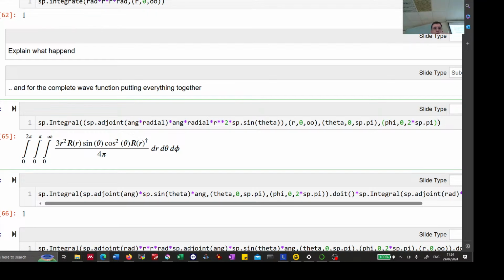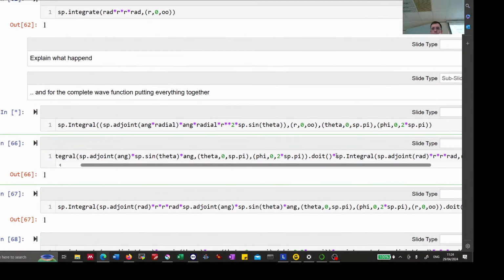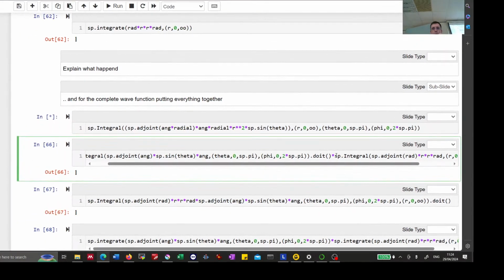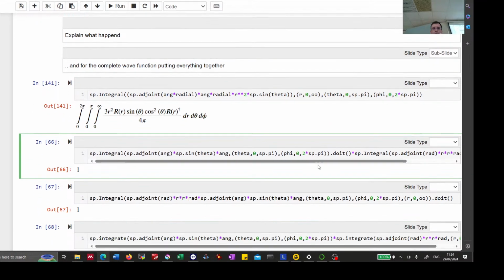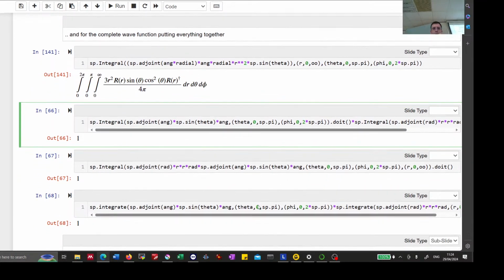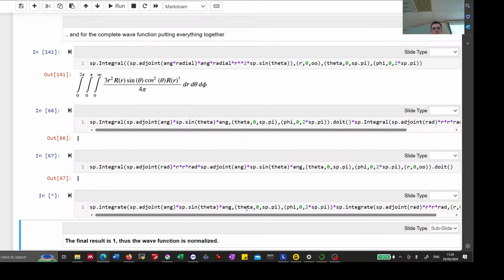And when I execute this, I see this beautiful integral written there. And then I can even execute it. Maybe I do this over here. You can play with the other 2 lines of code.